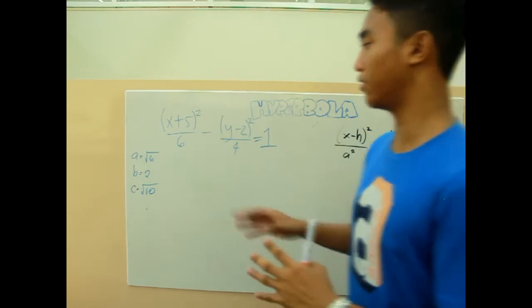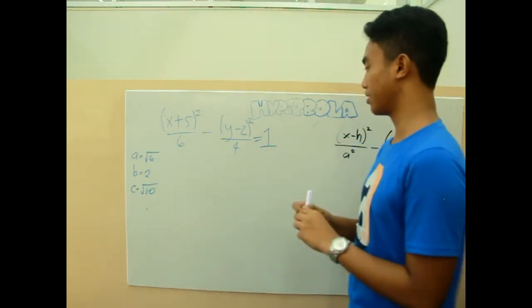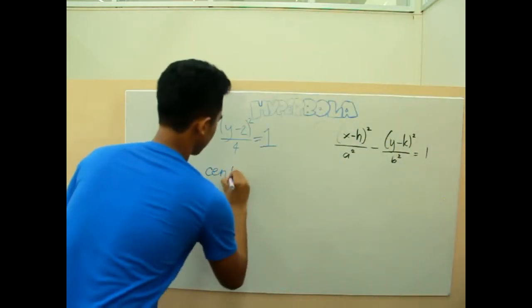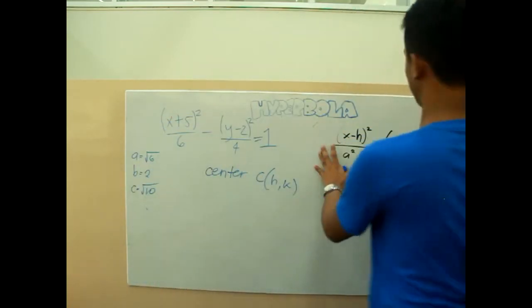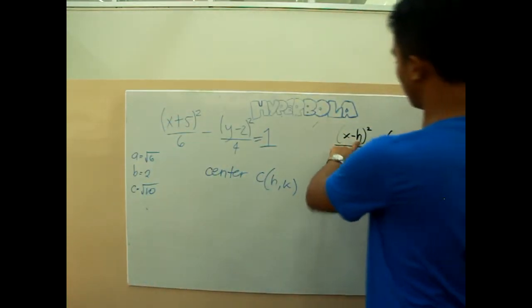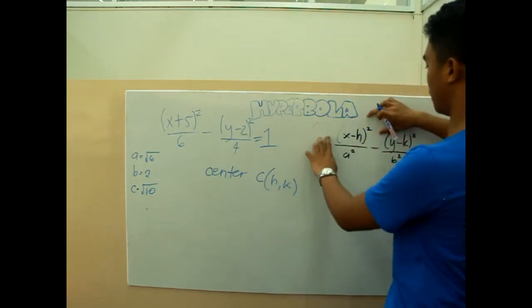So we already have the values of a, b, and c. What we're going to find now is the center. The center is represented by the h and the k, which are found in the equation. To find the values of h and k, you need to equate these to 0.